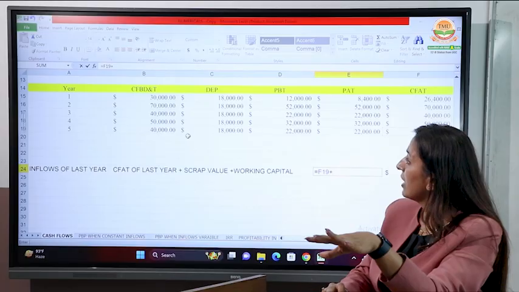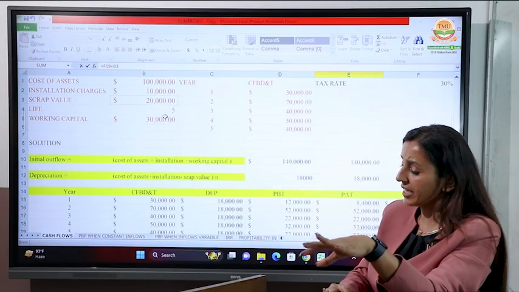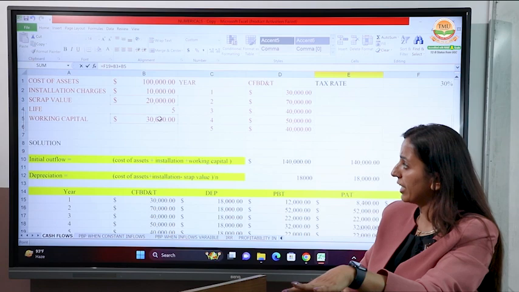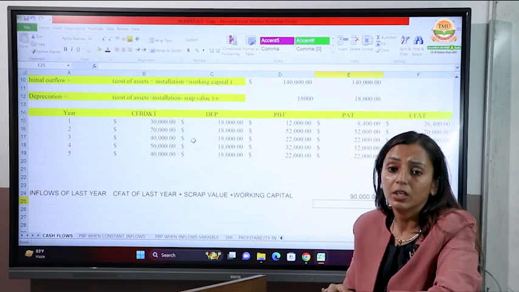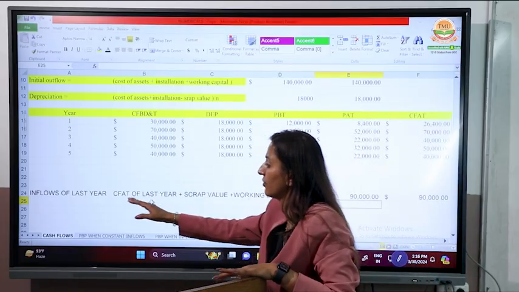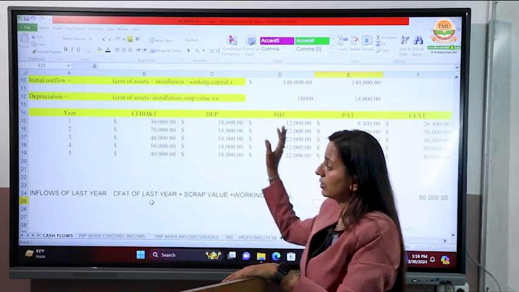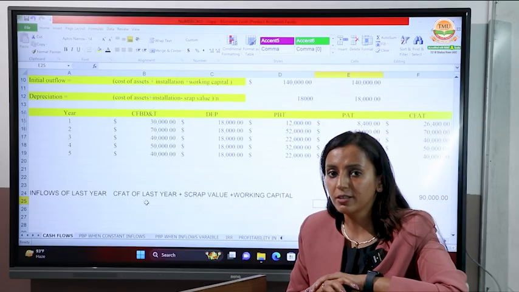What is the scrap value which we have done over there? It is 20,000 plus working capital, right? Enter it and you will get your value. So this will be one topic that shows you the inflows of the last year, right? This is one of the questions which we have done on the cash flow. Hope it is clear. Okay.